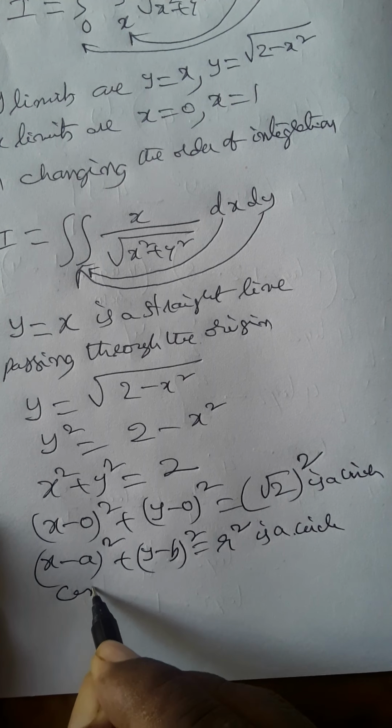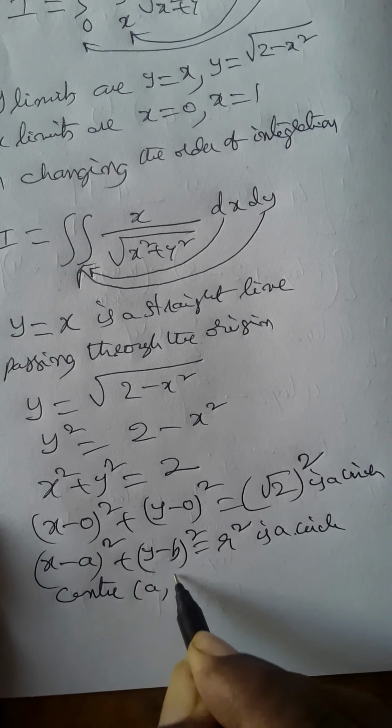Center a, b, radius r. Here center 0, 0, radius root 2. R square is equal to root 2 whole square, r is equal to root 2.